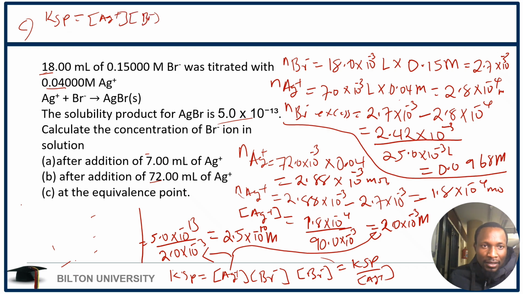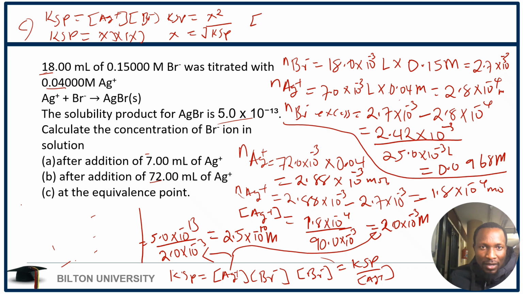Their moles are equal and they have the same volume, so the concentration is the same. If we assume that the concentration of silver ion is X and the concentration of bromide ion is X, this is like saying Ksp is equal to X squared, and therefore X will be the square root of the Ksp value.